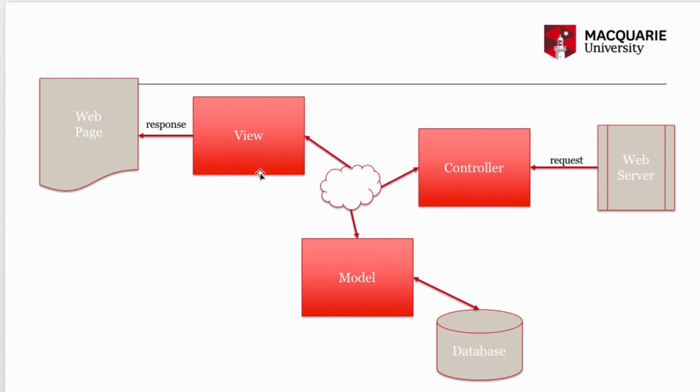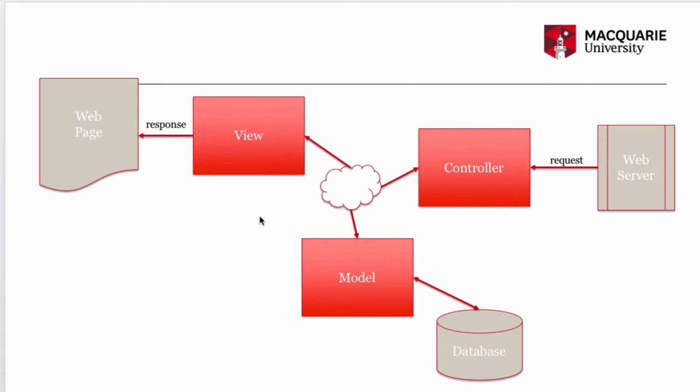And then the third part is the view, and this is the bit that is about generating the output that we're going to send back to the browser. And so this is about generating web pages and inserting data that comes from the database model, inserting data or doing things according to the whim of the controller. It will do that work and then generate a response.